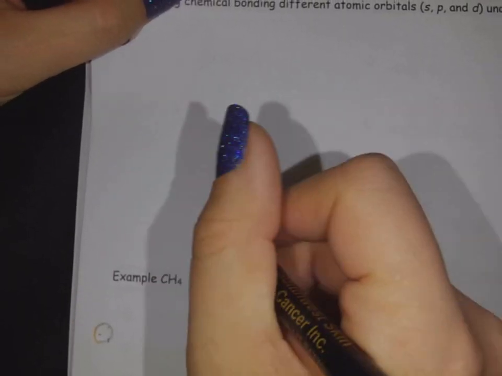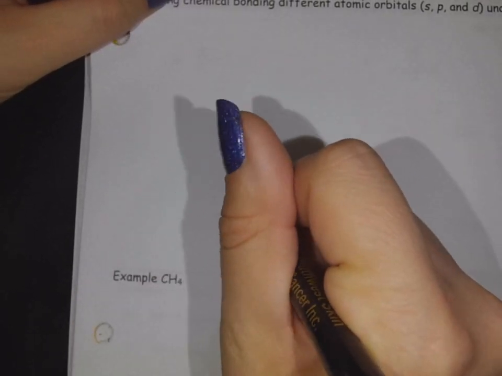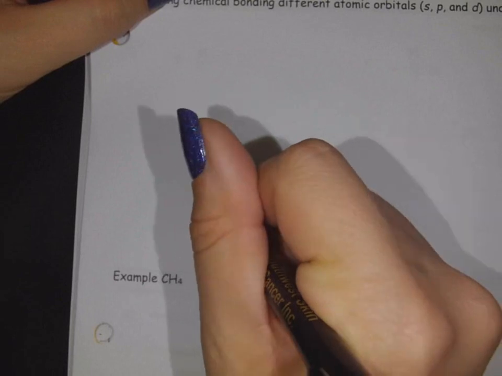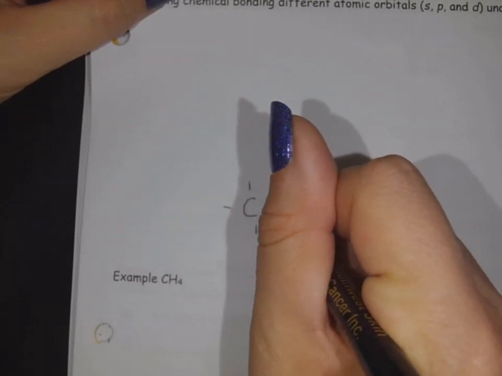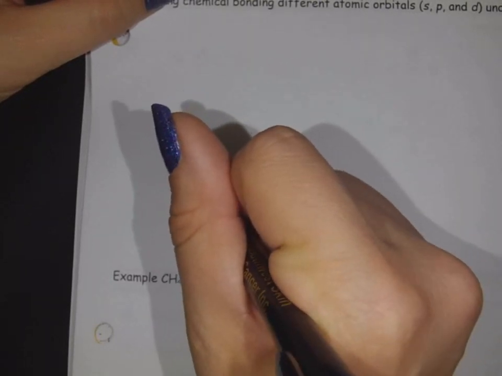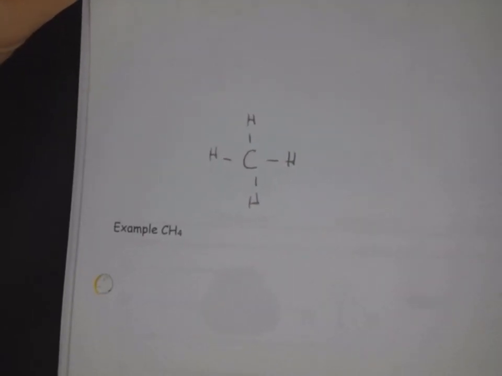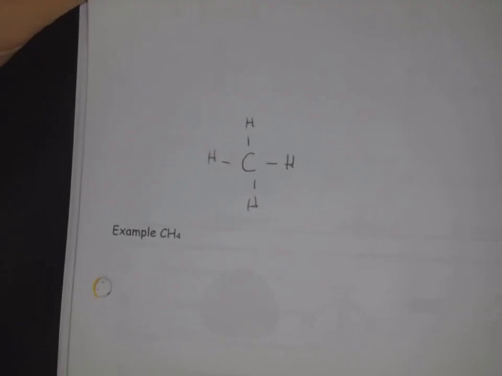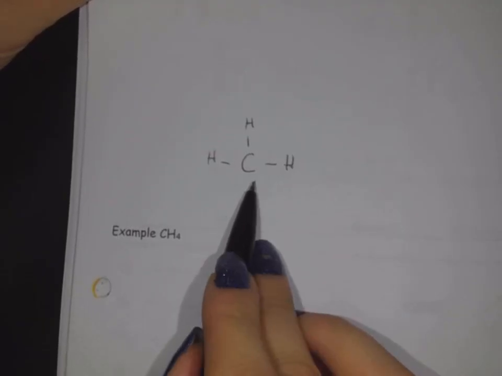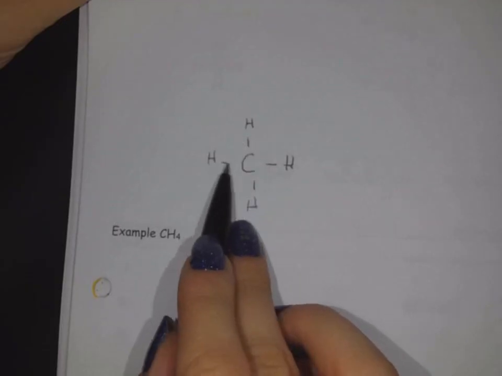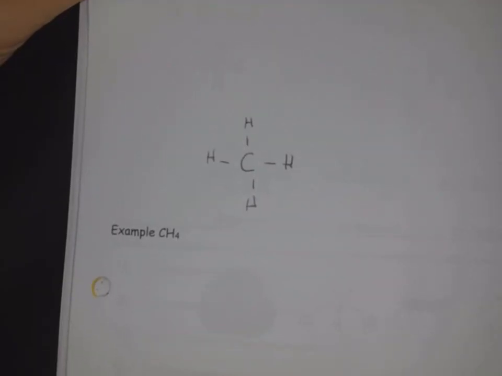I'm going to put carbon in the middle. I start with single bonds to the hydrogens. Okay. And then I see if there's any other electrons. The hydrogens are good, and carbon only has 4 valence electrons, and it's utilizing those 4. 1, 2, 3, 4. So this is my Lewis dot structure.